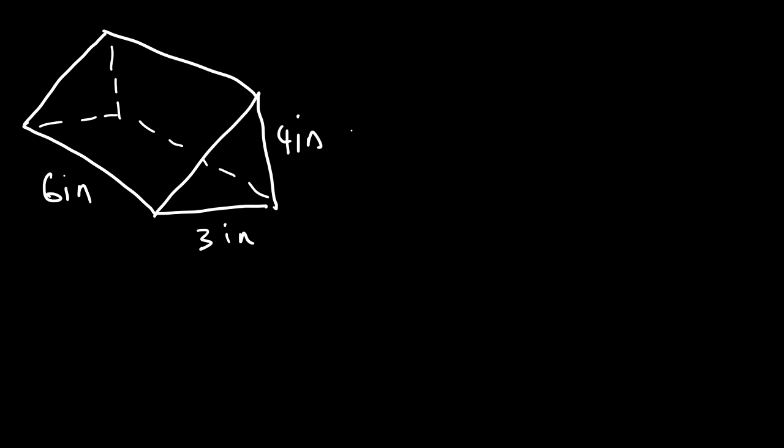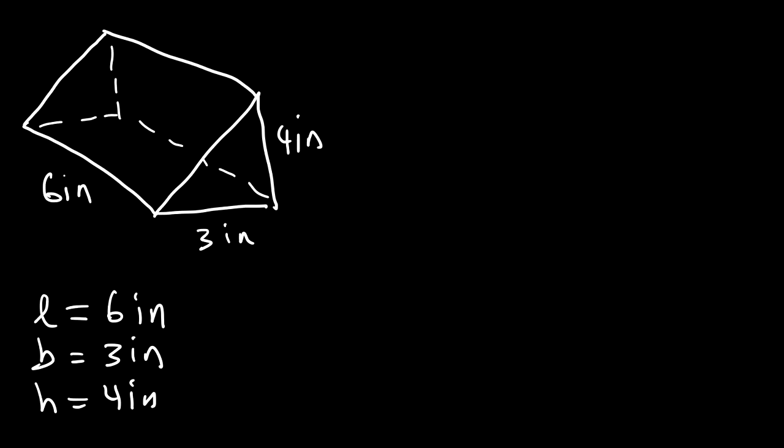Go ahead and calculate the volume and the surface area of the prism. So first we need to identify what we have. The length is 6 inches. The base is 3 inches and the height is 4 inches. So keep in mind, this is h. We're going to define this as b, and this is L.